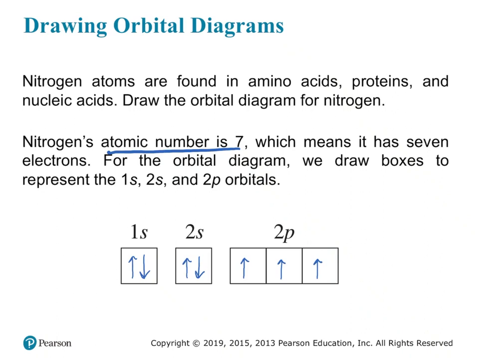All right, so we've got 1, 2, 3, 4, 5, 6, 7 electrons. And then just as extra practice, let's write the electron configuration. So we have 1s2, 2s2, 2p3. Okay, so that's the electron configuration for nitrogen.